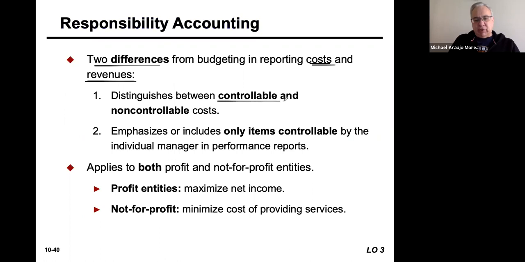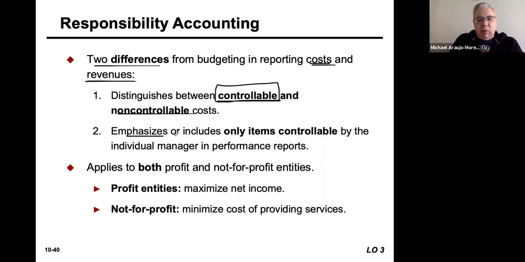Some things are controllable and some things are non-controllable. So that's really important to distinguish because you can hold managers and employees accountable for things that are controllable. You cannot hold someone accountable for something that's not controllable. So it's really, really important to know that.